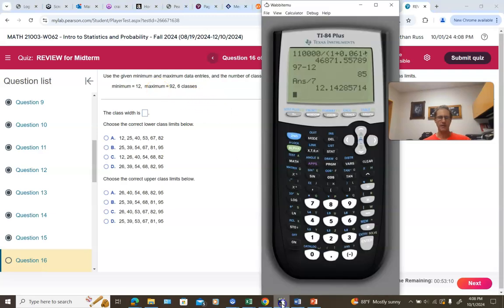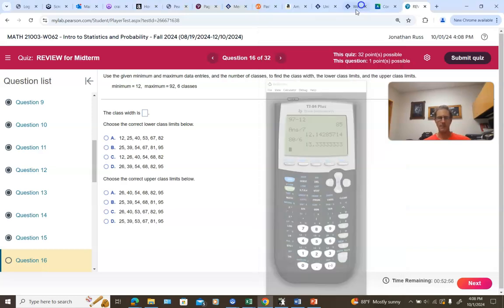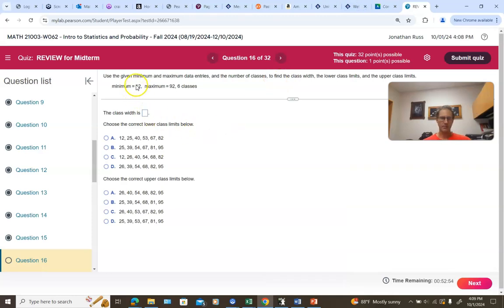If you divide 80 by 6, you're going to get this. We're going to round up to 14, so the class widths will be 14, and they're going to start at the minimum. Okay, so the lower class limits are going to start at 12, so that automatically is going to leave me with A or C.